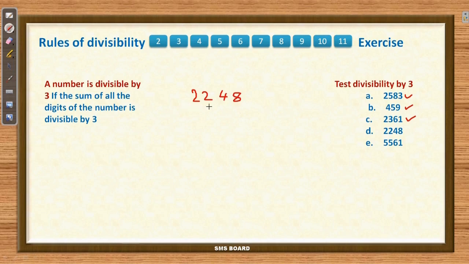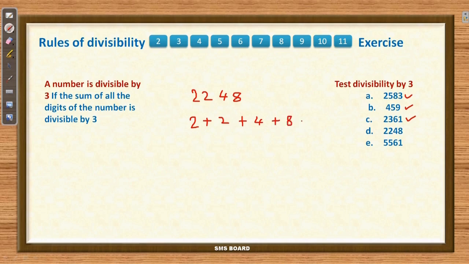Here digits are 2, 2, 4, 8. So we will add the digits, sum of all the digits we will find. 2 plus 2 plus 4 plus 8.